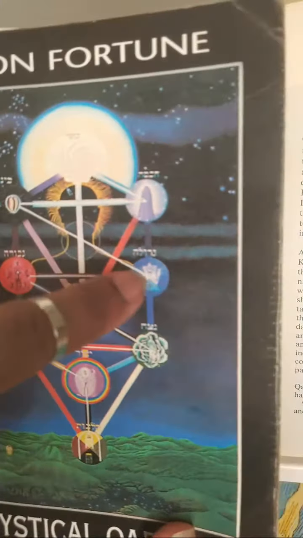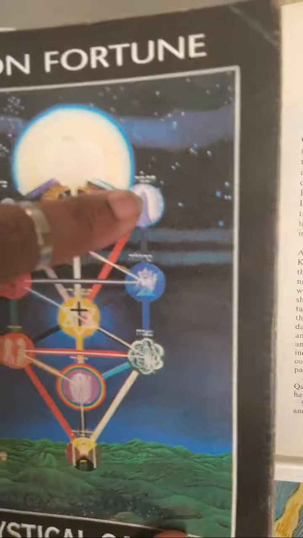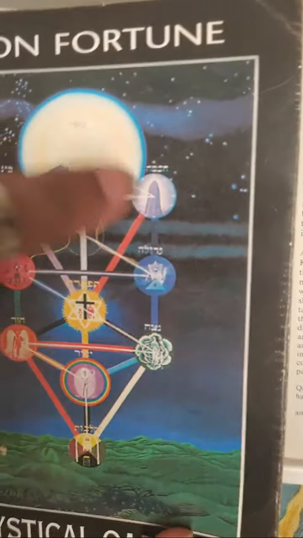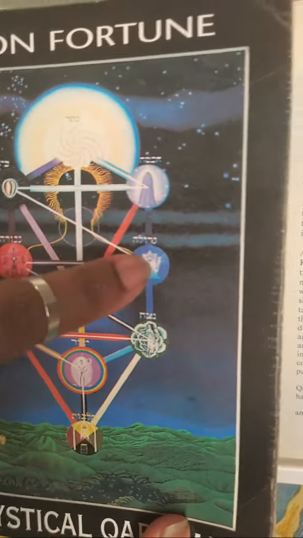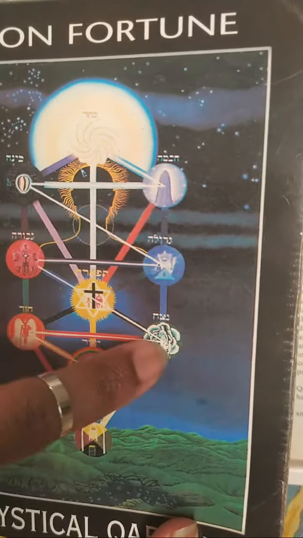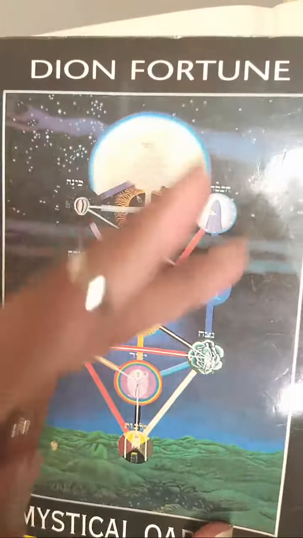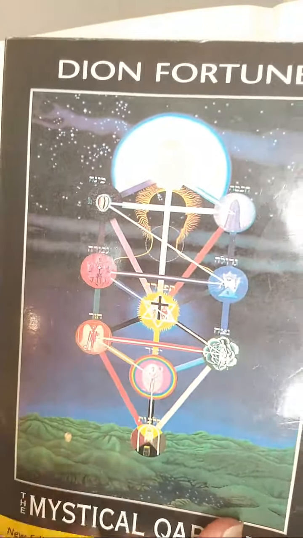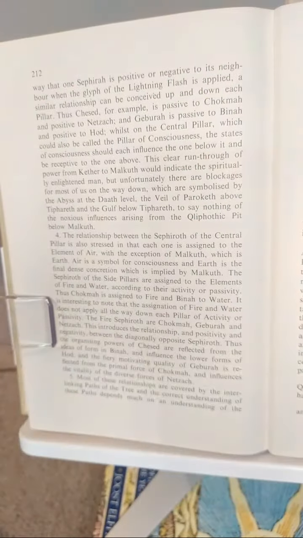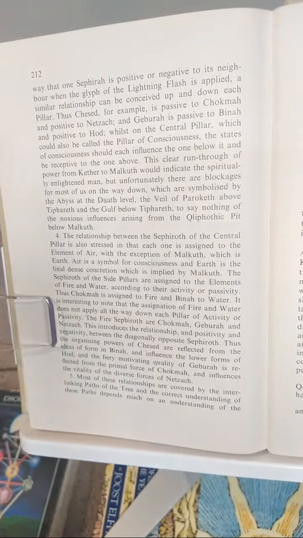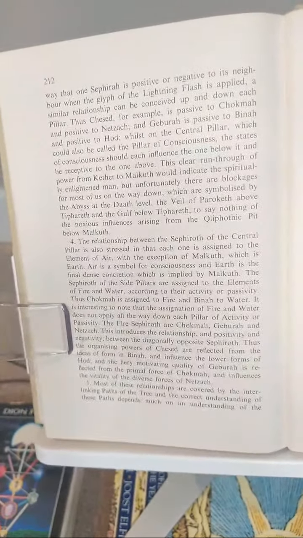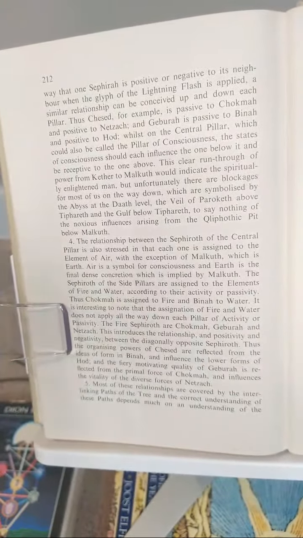That means that Chesed could be passive to Chokmah. In other words, this would be positive to this one. This would be negative to this one, because the flow is going downwards. As far as I know, this is pretty self-explanatory, but if you're having trouble, let me know.